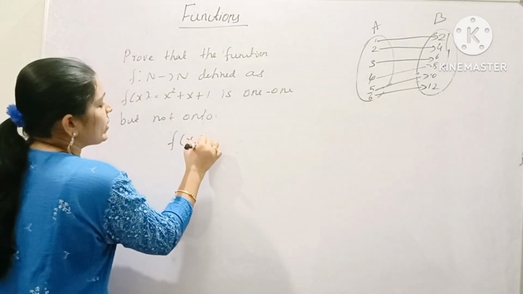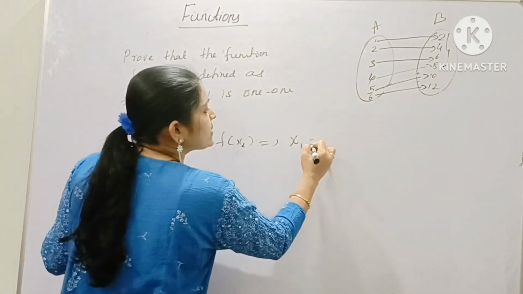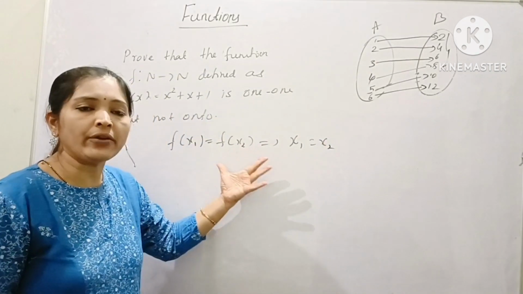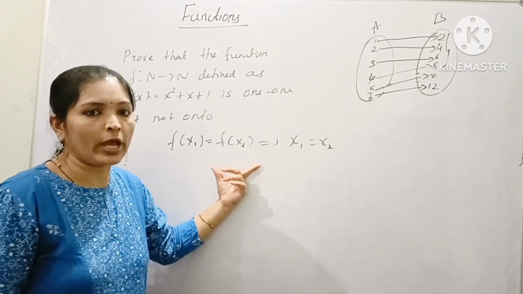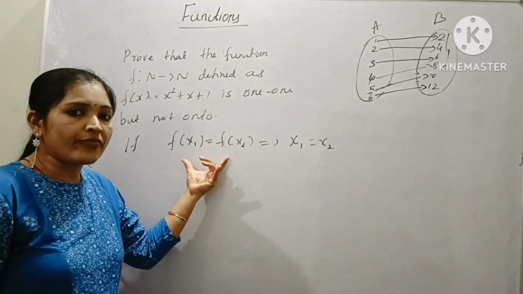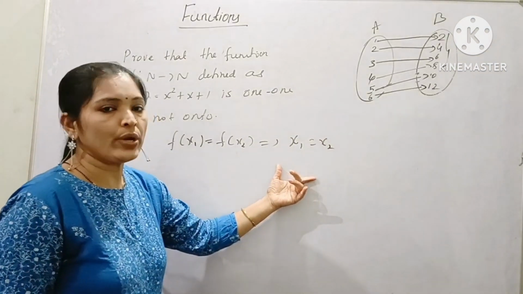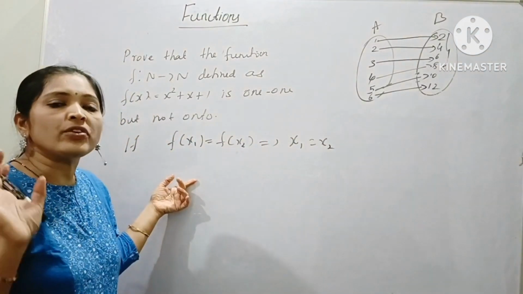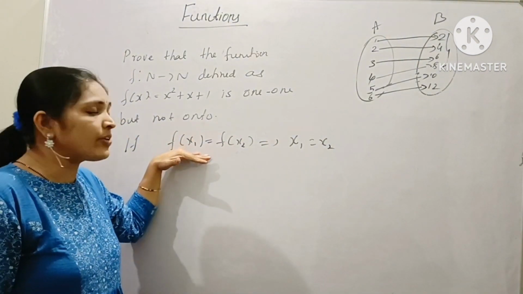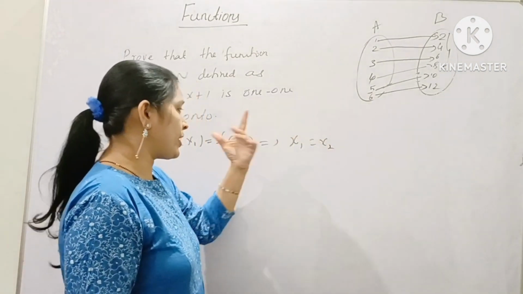If f of x1 is equal to f of x2, that implies x1 is equal to x2, then we say the function is one-one.